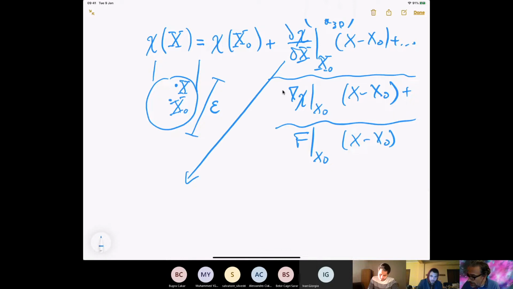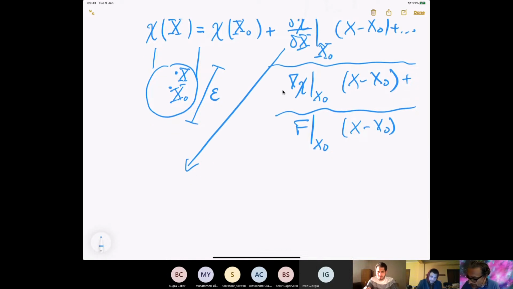This notation is reminiscent of the Jacobian matrix.